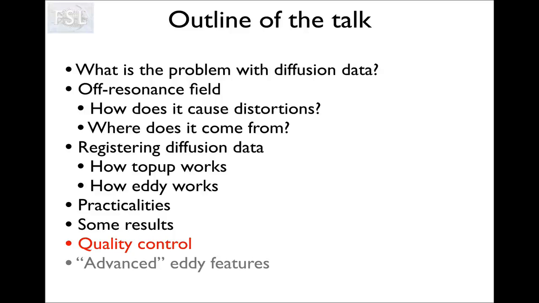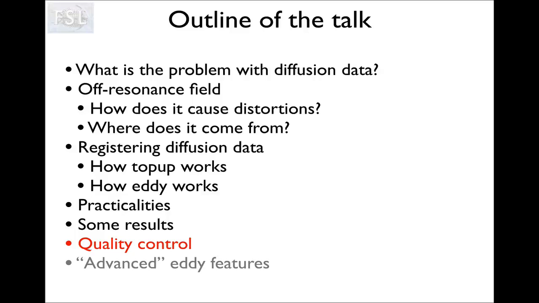Right. Then what I want to talk about is something called EDDY QC, which is a sort of quality control tool. So you remember you saw that you had to say --out and then give a name for the EDDY output. The main EDDY output is going to be a file with that name and then .nii.gz, and that is simply the corrected data.